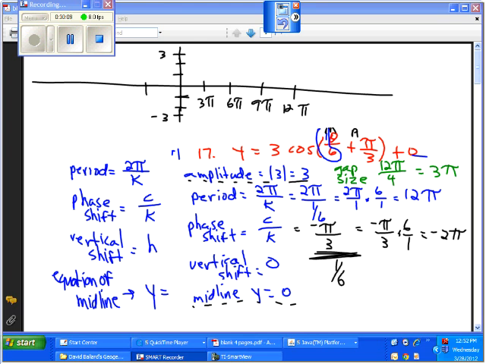Then going the other way, we would have negative 3 pi, negative 6 pi, negative 9 pi, negative 12 pi. We may not need that much. We are going to have a phase shift of negative 2 pi, right? And we're just going to kind of guesstimate 2/3 of the way as we go.